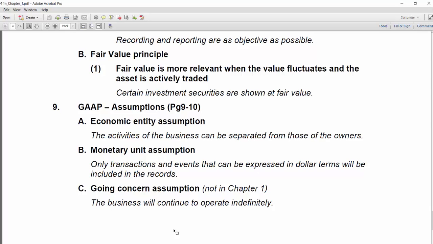However, absent those kinds of concerns, we value everything based on the assumption that it will continue to operate indefinitely, not on a last-minute garage sale Craigslist value, but rather on cost or on the fair value principle when applicable.